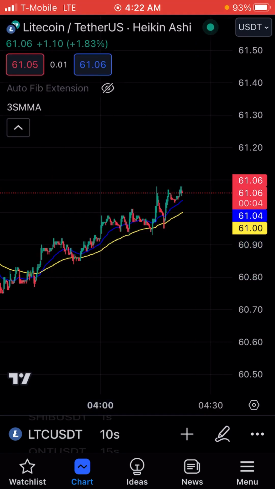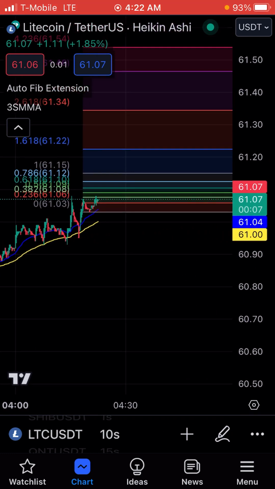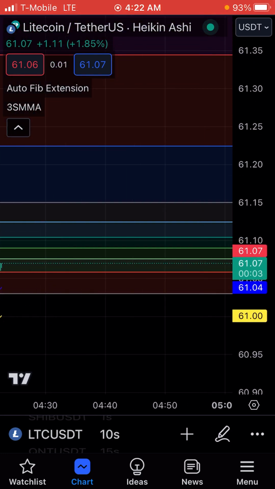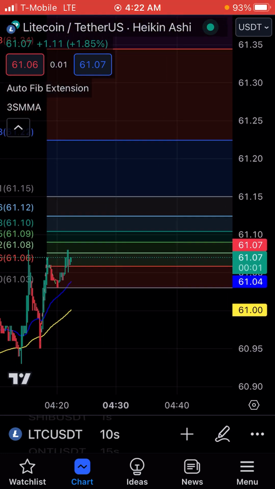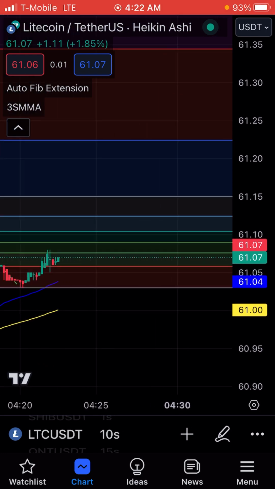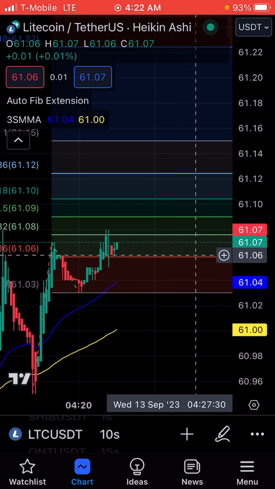40.42%, which is good. Let's look at the auto Fibonacci here. Okay, so the auto Fibonacci here, what we can tell is Litecoin looks like it might be bouncing on this level right here.